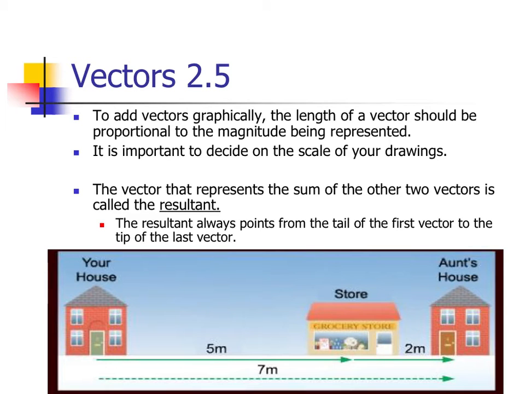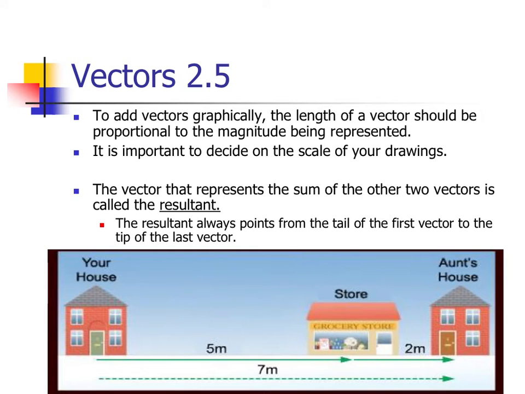So where does this play into account? To add vectors graphically, for us at least this unit, we are going to make sure that they're always moving in one direction. Not the band, just one direction. We add them together, and that is called the resultant.